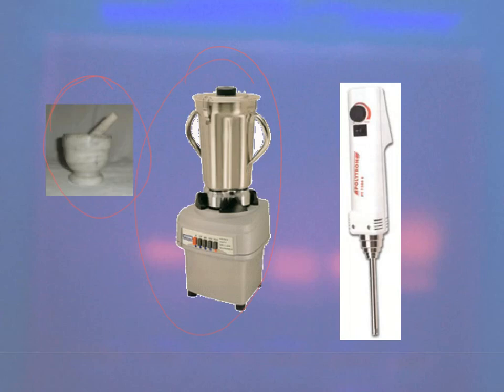You literally stick this into your sample solution and it gives off high frequency sound waves and it bursts the cells open. It's much quicker, but you still have to worry about heat given off as the cells break open. You usually have to do it in ice, and it's very exothermic. You turn up the frequency, do a few cycles with sound, you burst it open, and so on and so forth.